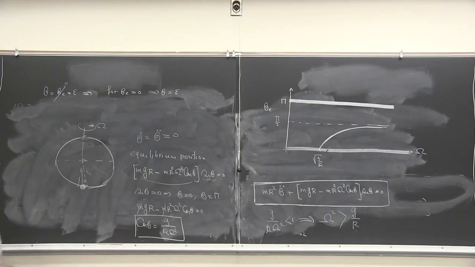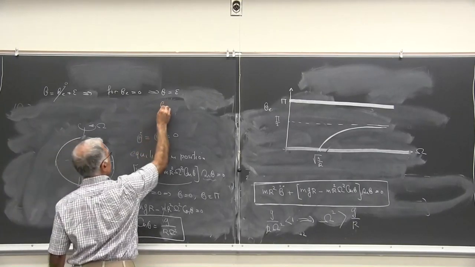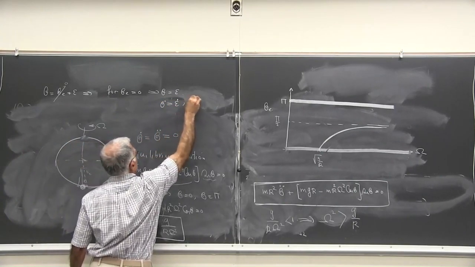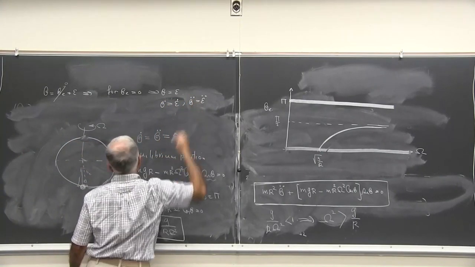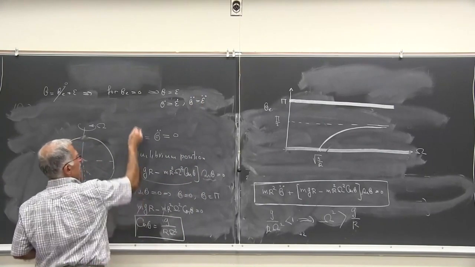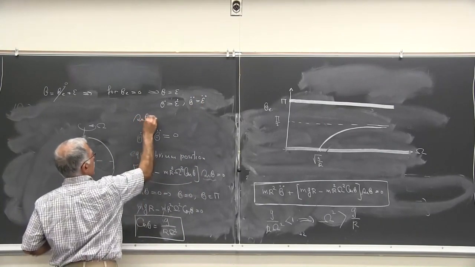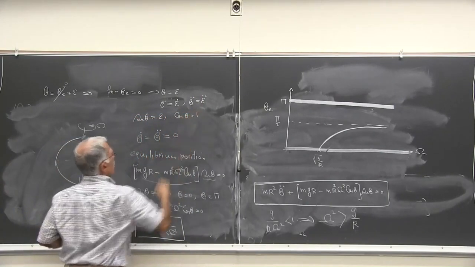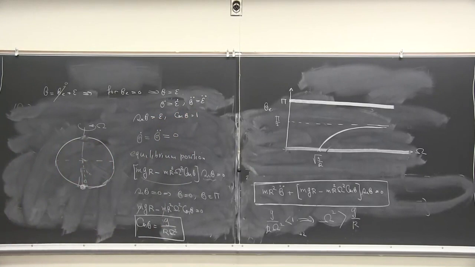My theta dot becomes epsilon dot, and my theta double dot becomes epsilon double dot. My sine theta becomes epsilon, and my cosine theta becomes equal to 1, because I'm talking about epsilon, a small disturbance.